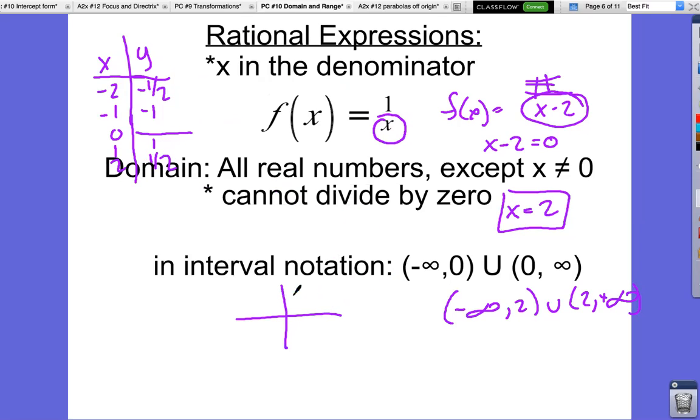So when x is 2, y is 1/2. When x is 1, y is 1. So basically, if I said x was 1/2, it's going to look like this. So it's going to get infinitely close to 0, but never touch it. This is going to get infinitely close to the x-axis, but never touch it. And that's what that means.